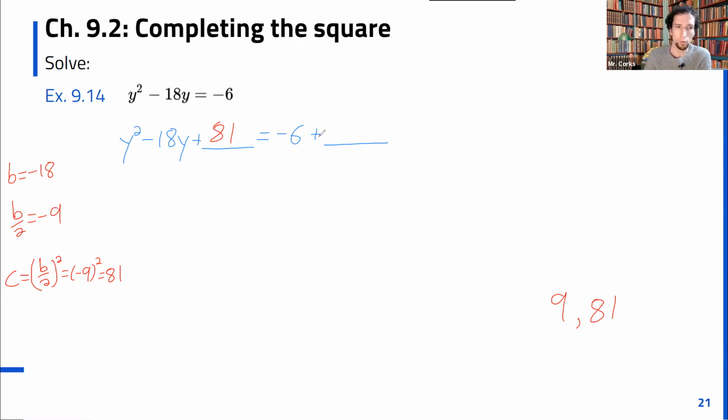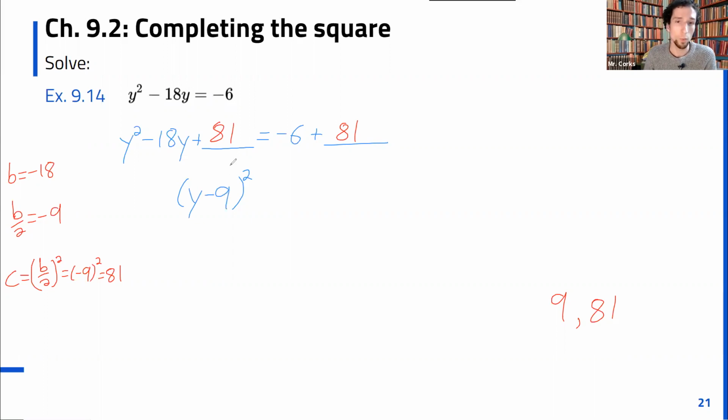We also need to add 81, as I forgot in the previous example, to the other side here to keep everything balanced. Otherwise, we are not going to get the right solution. So if we've completed this square, what's the square that we are going to have? Y minus 9 squared.